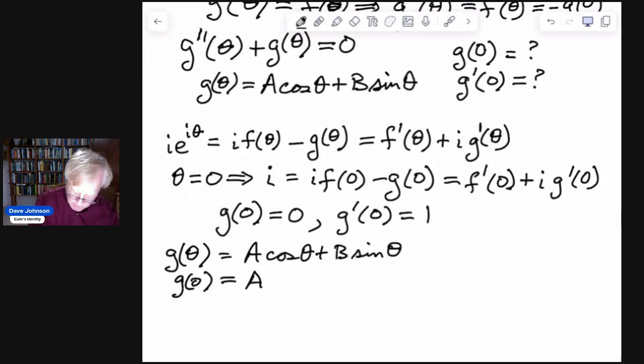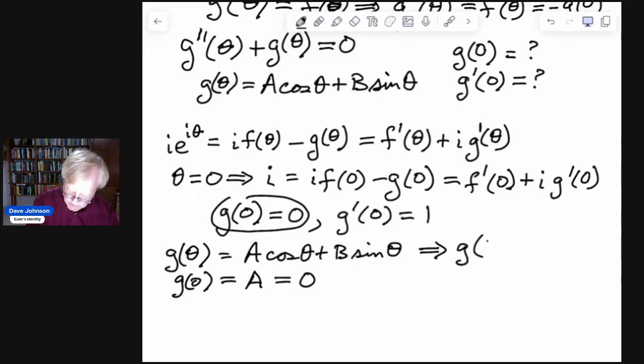So a times 1 is a. Sine of 0 is 0. But what is g of 0? Well, g of 0 is 0, so I can say that a is equal to 0. So therefore, g of theta is equal to b sine theta.